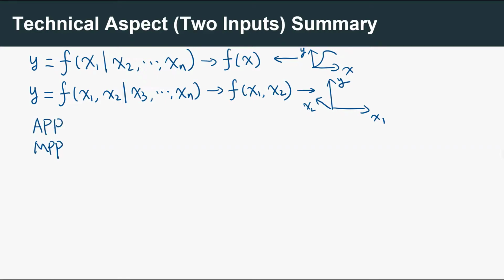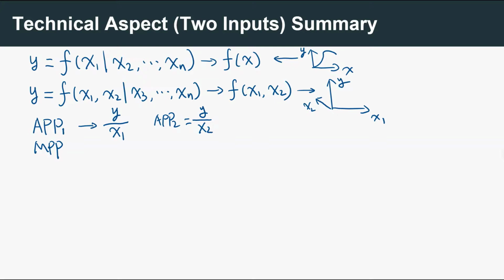For the one input case, we just write APP. However, for the two input case, we have to indicate which input we're talking about. So APP1 is the average productivity of x1. So this is y over x1. And we should always keep in mind that this is keeping x2 constant. And it's the same for APP2, which is just y over x2.